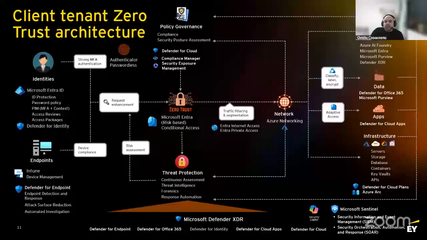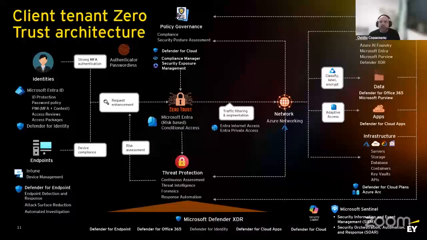So now that we are in the tenant here on the right, where it says network, and we go further to the right, we could see that we now have access to the infrastructure, SaaS apps, data, and AI workloads, right? The infrastructure can be protected whether it's in Azure or not.